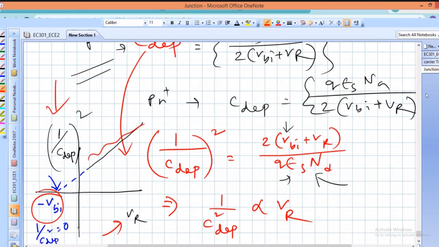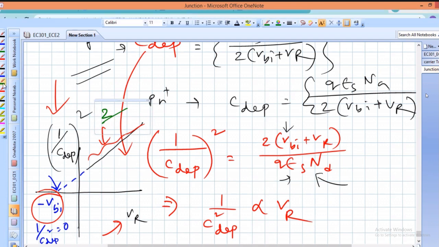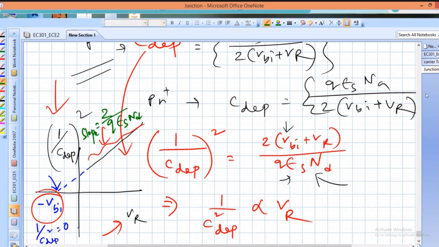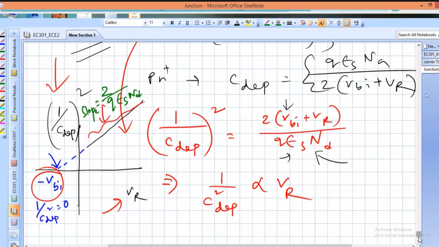So what is the slope of this curve? The slope is 2 by q epsilon s. This is the slope. So what you observe, there is a variation in the capacitance across a PN junction with reverse bias voltage.